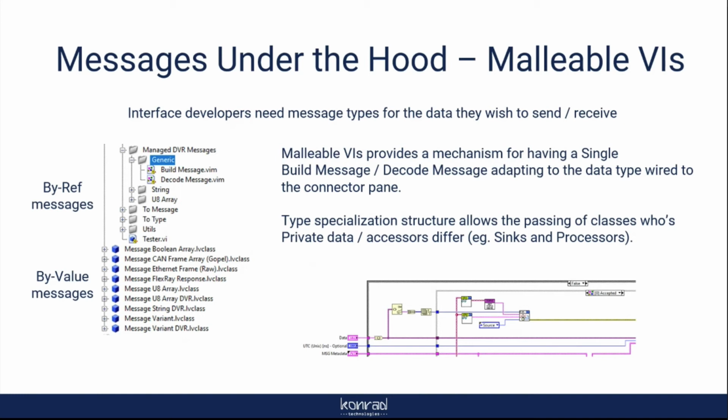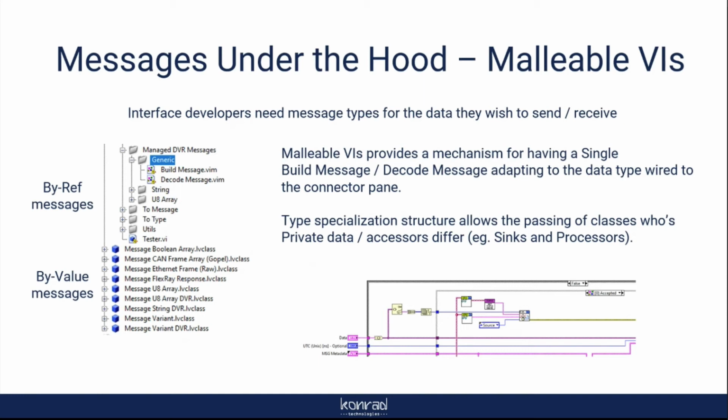However, the malleable VIs provided a mechanism for having a single build message, decode message that adapts to the data type that's wired to the connector pin. So we can have a single build message that takes in whatever data type we want and adapts to that. In addition to that, the type specialization structure allows the passing of a class whose private data or accessors differ, or classes which are unrelated.